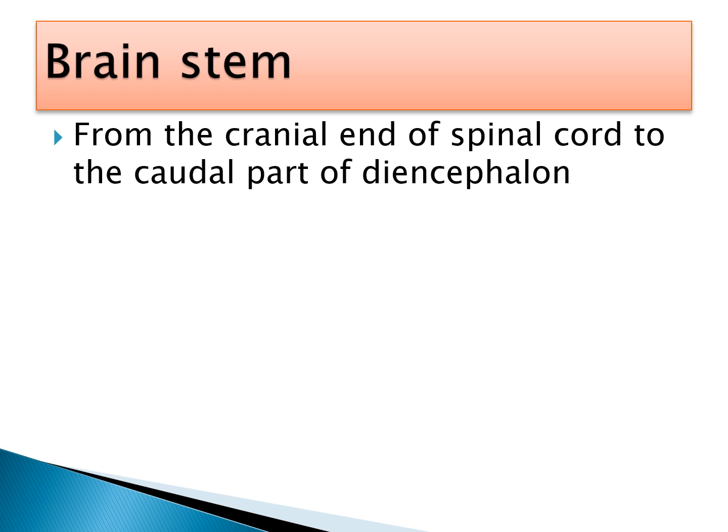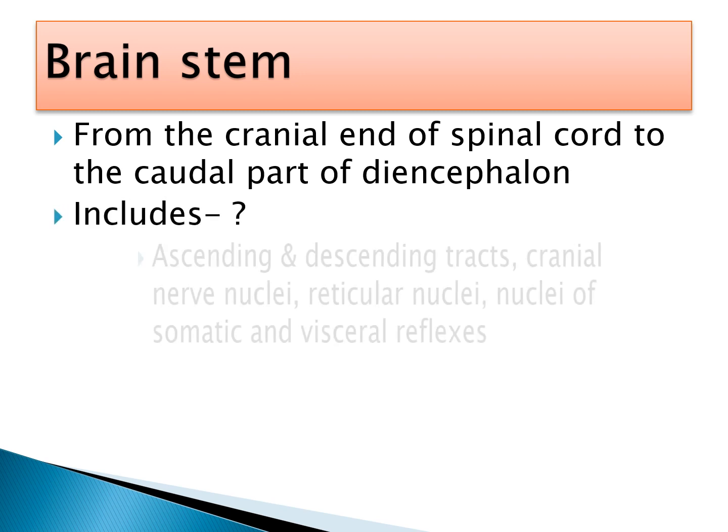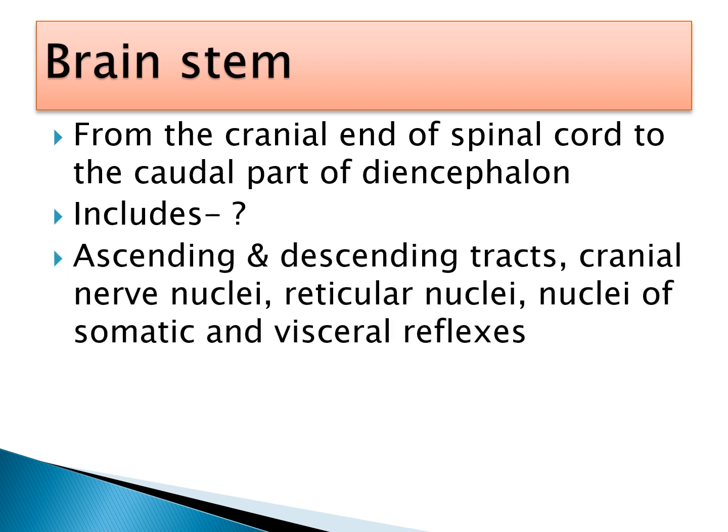Now we will see the brainstem in detail. Brainstem extends from the cranial end of the spinal cord to the caudal part of the diencephalon. It includes medulla oblongata, pons and midbrain. So you know it contains all the tracts, both ascending and descending, and all the nuclei.